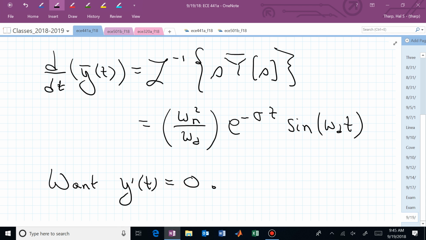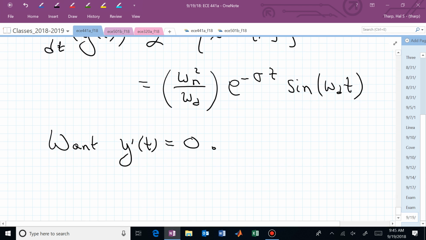What about e to the minus sigma t? That's always non-zero except at infinity. So the only term in that mess that has the potential of equaling 0 is the sine term. And it's obviously 0 at 0, so we want to find when is the first time after t equals 0 when this right-hand side equals 0.